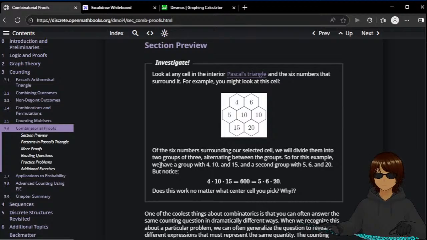So for this example, we have a group with 4, 10, and 15, and a second group with 5, 6, and 20. But notice 4 times 10 times 15 is 600, which is 5 times 6 times 20. Does this work no matter what center cell you pick and why?